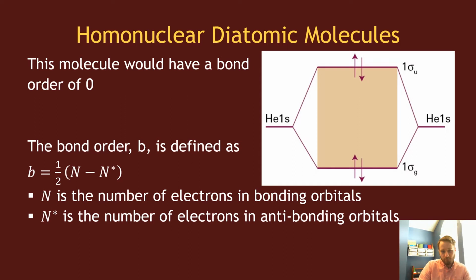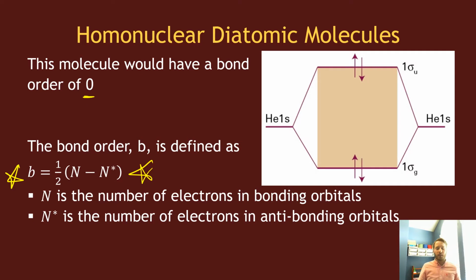When we talk about these different species, we'll often talk about bond order. Bond order is given by this equation: it is just 1/2 times the number of electrons in bonding orbitals minus the number of electrons in anti-bonding orbitals. So the bond order for helium is 0, which says helium is not going to be bonding at all.